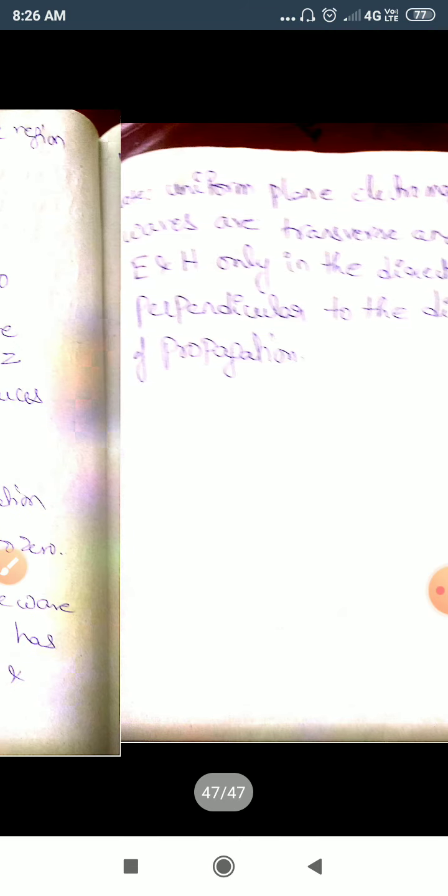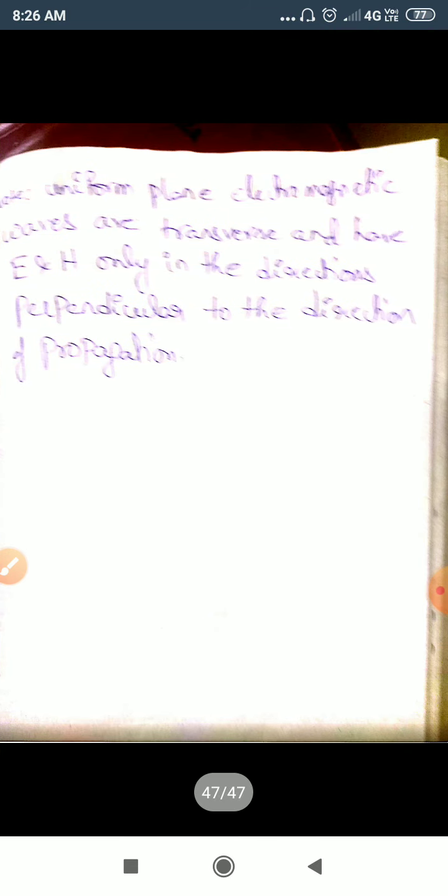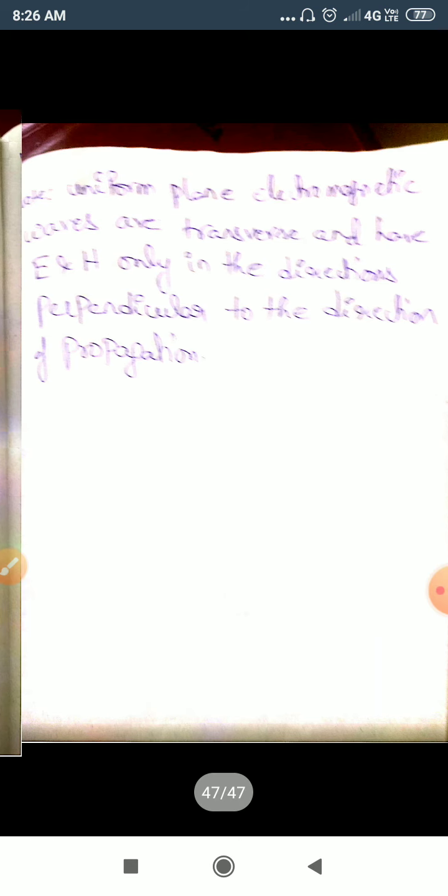First, in the direction of propagation, E and H components will be equal to 0. Second, it is independent of y and z if the wave is propagating along x direction. And third, only E and H components perpendicular to the direction of propagation exist.